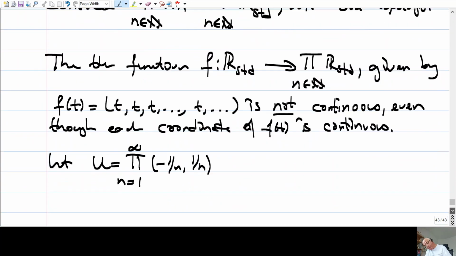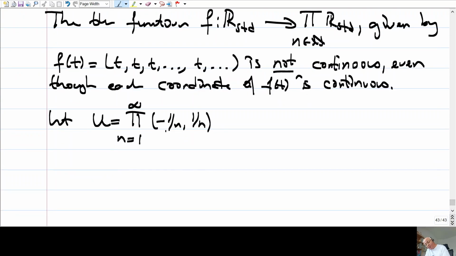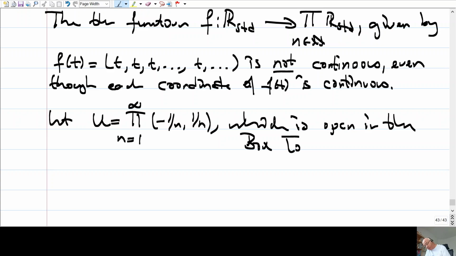Consider this set, which is open in the box topology. Why is that? Because each of these is open in our standard topology, therefore their product is open in the box topology, right? If each piece is open, then the product is open.